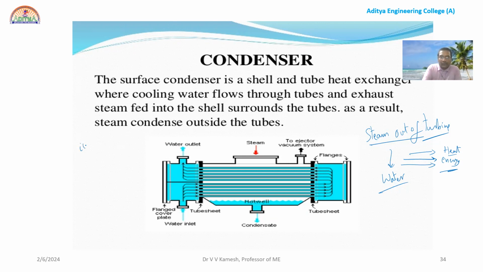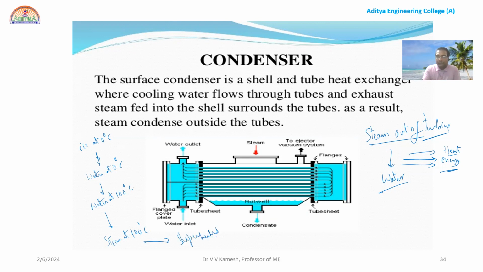Suppose I'm starting from the lower level, I set 0 degrees centigrade, if the heat is given, it will become water at 0 degrees centigrade. If the heat is continued, water at 100 degrees centigrade, continue the heat, it will become steam at 100 degrees centigrade. You continue, superheated steam.